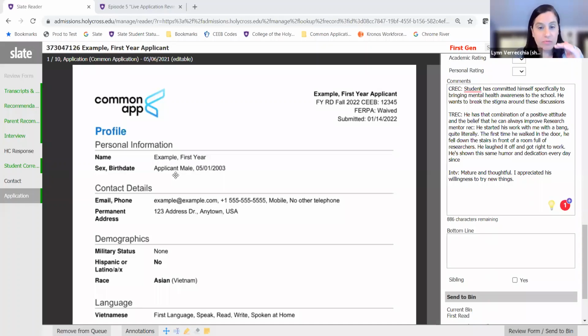Because we read 30, 40, 50 applications in a day, it really is helpful to be able to go from what we consider the beginning to the end of an application. It also means that when we're in our committee and we want to see what the school counselor said, or what your essay said, the read is done in that same order, so we can draw our eyes right to the thing we're looking for. We're not searching for the information.